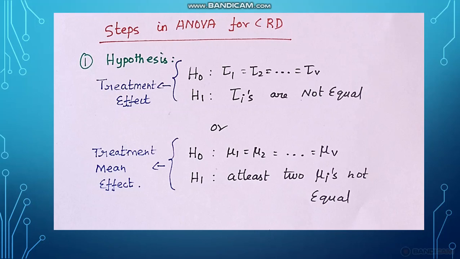Similarly, for the treatment mean effect, the null hypothesis is that all the treatment means are the same, and the alternate hypothesis is that at least two mu i's are not equal. Here you are comparing more than two means, so we are using ANOVA.